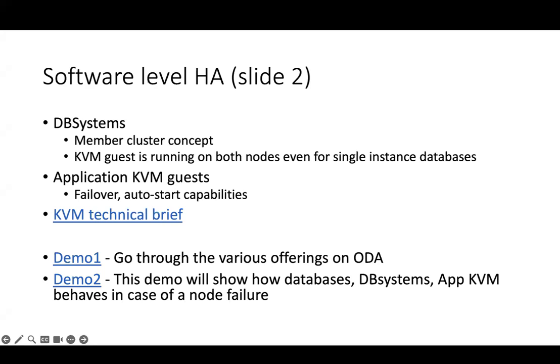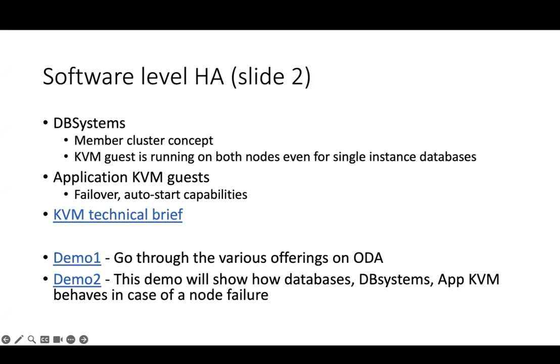It offers all database types like what bare metal offers: RAC One node, single instance with and without high availability. In the current implementation, each DB system has one KVM guest running on each bare metal node, even for single instance databases.